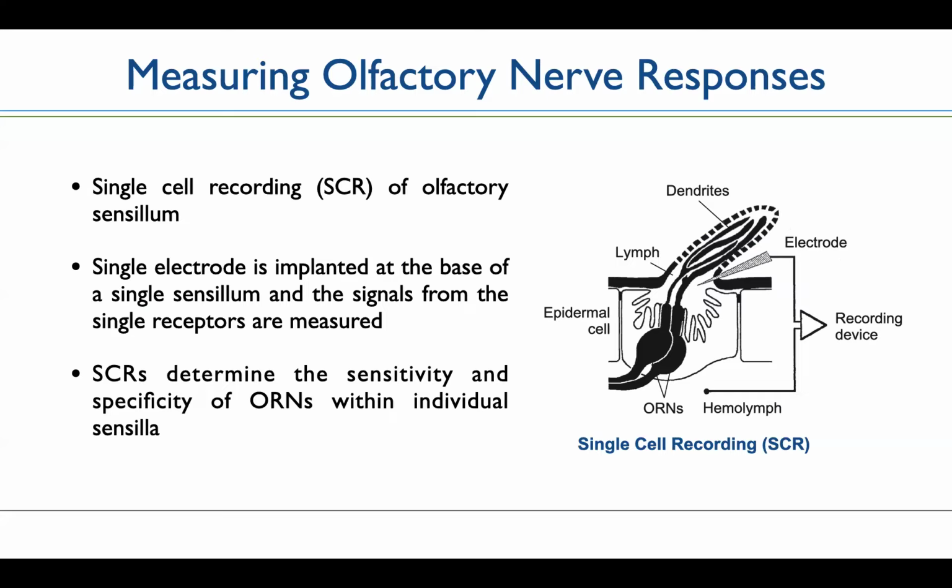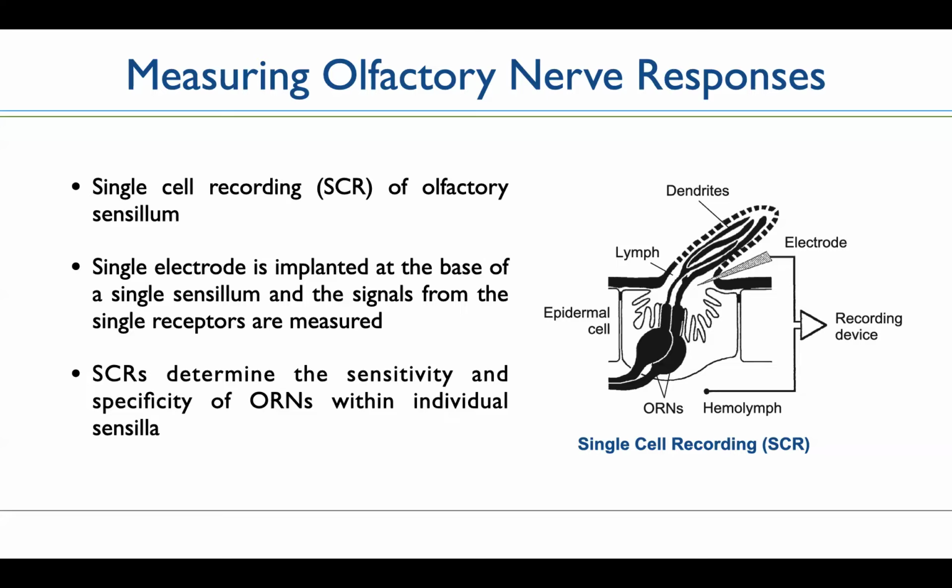So the difference here is that it tends to be a little bit more specific in that you're using an electrode to basically impale an olfactory neuron, and then you're firing that stimulus across the sensillum, and then you're recording that membrane depolarization event. Okay, works the same way.